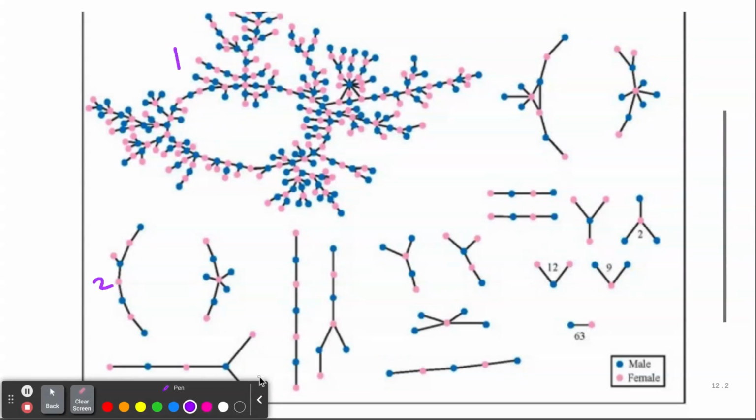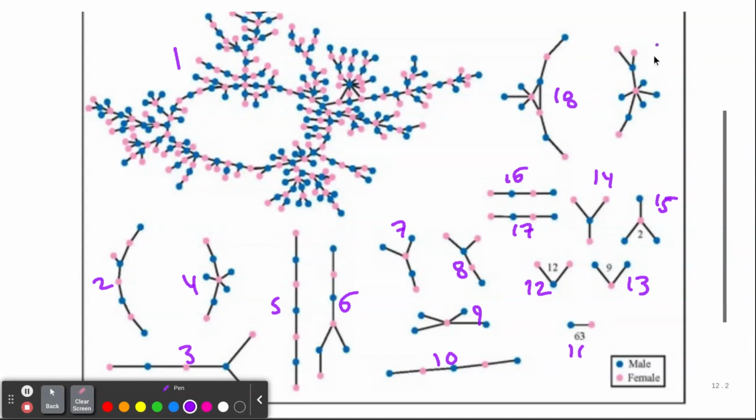We have a second one, 3, 4, 5, 6, 7, 8, 9, 10, 11, 12, 13, 14, 15, 16, 17, 18, 19 different components in this graph.